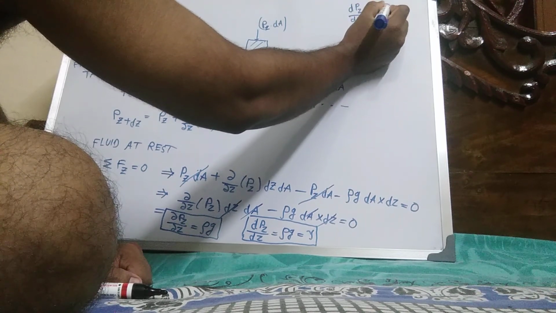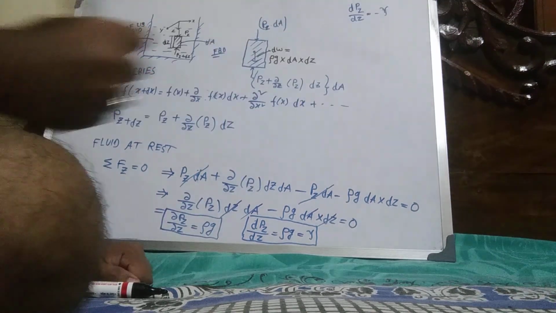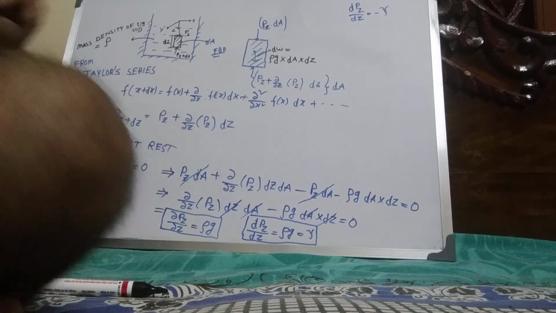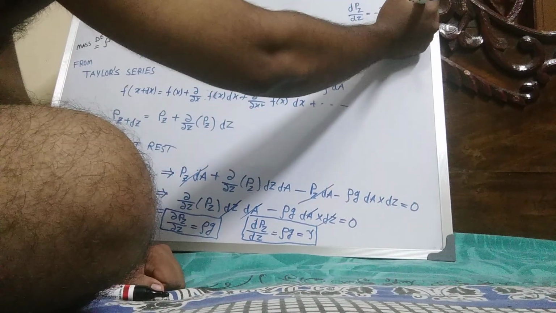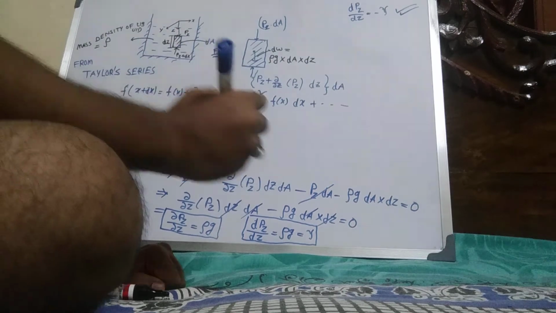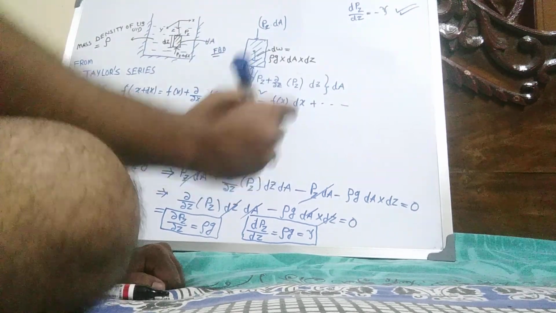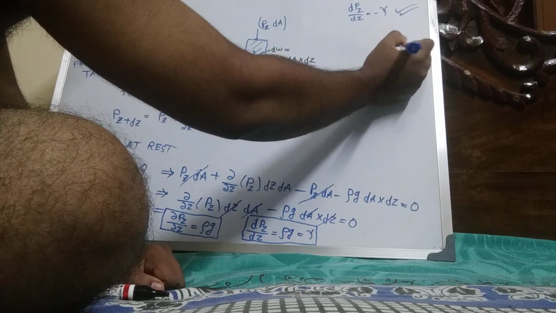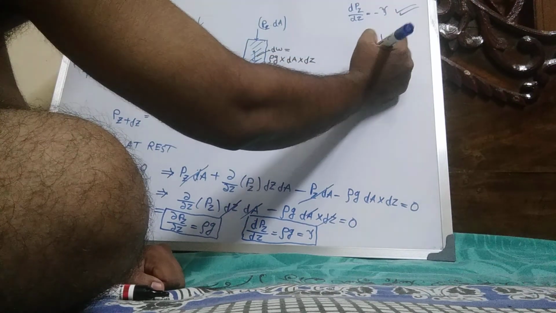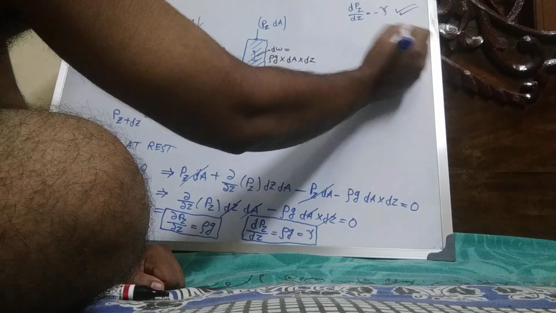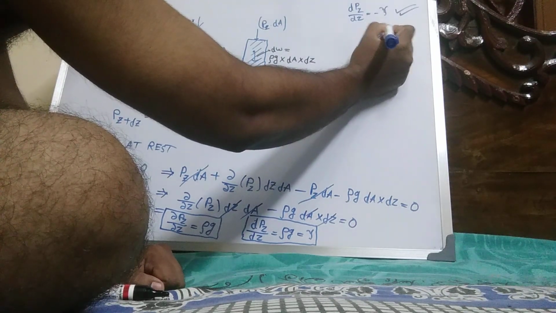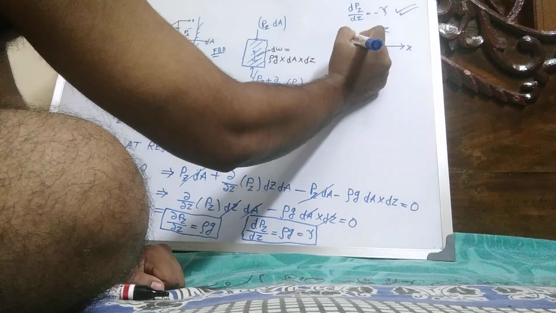Which one is correct? This one is correct because the z direction is not mentioned. For the standard coordinate, this is x, this is z, this is y.